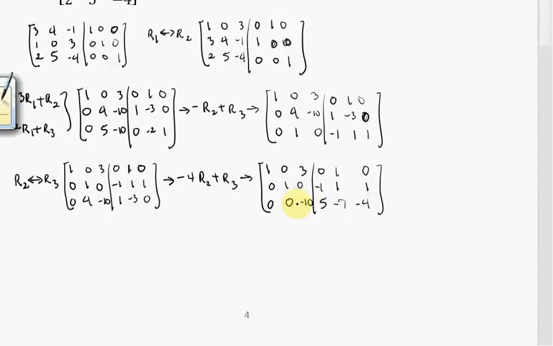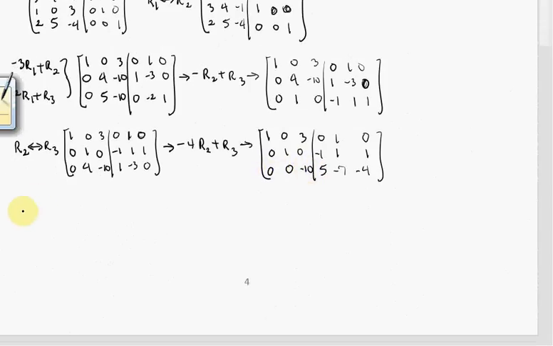Well, we got a fraction there, so nothing we can do about that. So we divide everything in row 3 by negative 10.